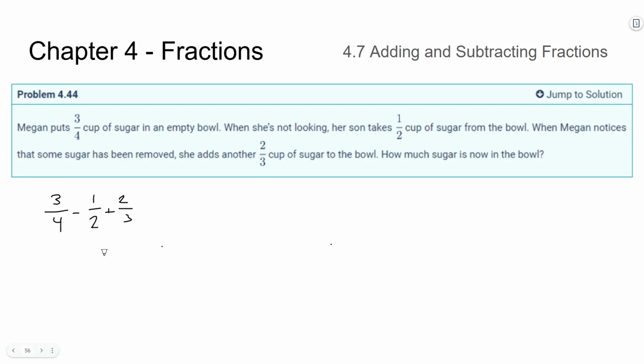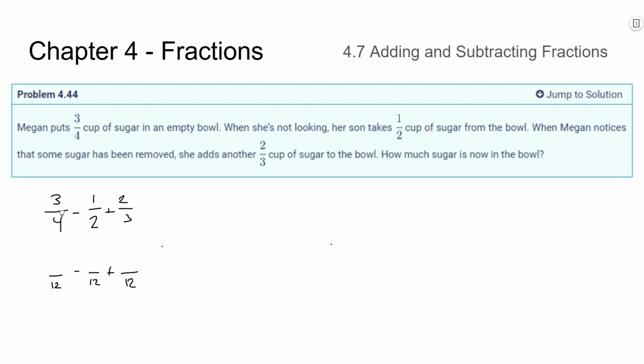And this one is actually pretty simple because we know our multiples of 4 are 4, which is not a multiple of 3, and then 8, which is not a multiple of 3, and then 12, which is a multiple of 3 and is a multiple of 2. So that seems to work out. So let's have a denominator of 12. So 12 minus something over 12 plus something over 12.